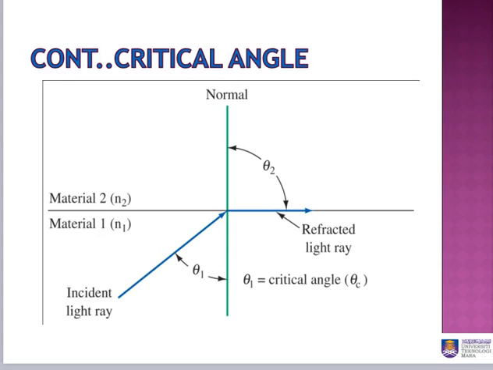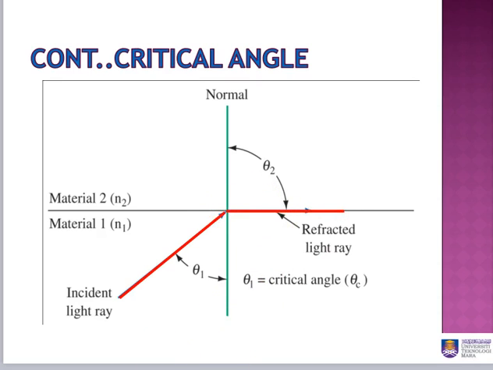So the critical angle, let us look at this figure. Incident rays, bear with me for a while. The incident ray is at an angle so that the refracted ray goes along the interface.